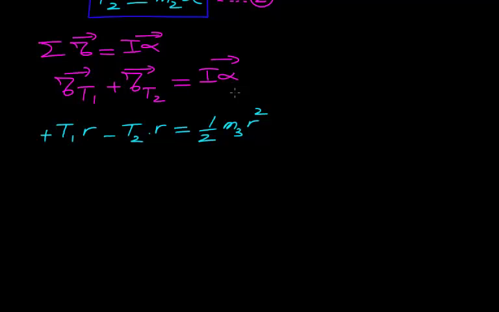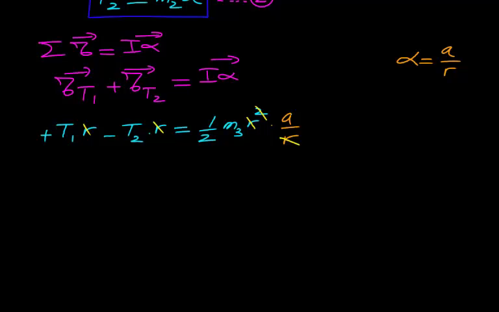Alpha, it's known to be, let me write it down on the side, alpha equals the linear acceleration, which is the tangential, divided by r. Substitute alpha by a over r. Notice that this r will cancel with the square. The remaining r will cancel with the r's, which are the lever arms for T1 and T2.